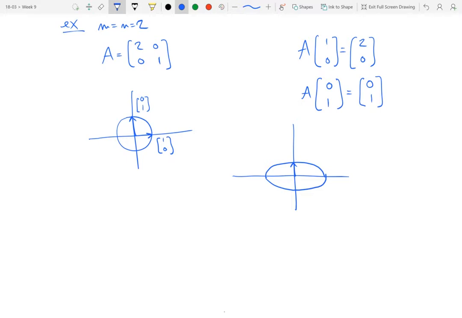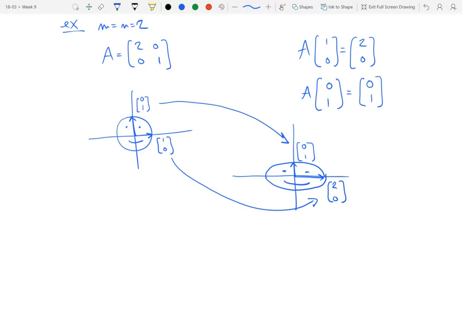And so here, for instance, the vector 1, 0 was mapped into the vector 2, 0. Here it is. And the vector 0, 1 is unchanged. And so here it is. All the other vectors undergo an operation that is a combination of those two, and so you end up having a mapping of shapes now generated by this matrix A.